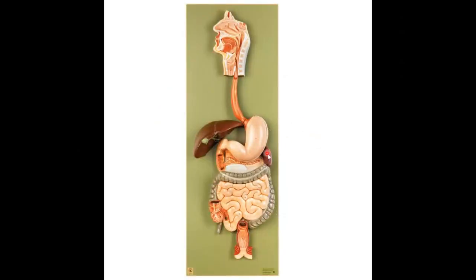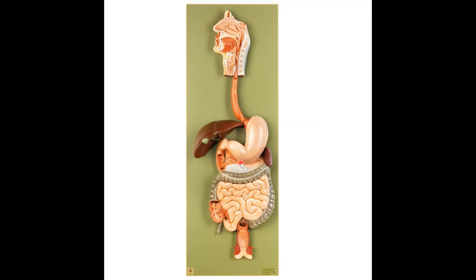The digestive system. We have the parotid salivary glands. We cannot see them; we have to see a different view of that. The esophagus, just posterior to the trachea, leads to the stomach, which then empties into the small intestine.